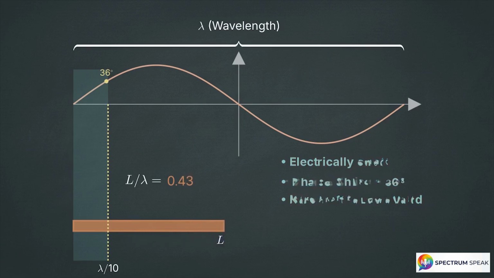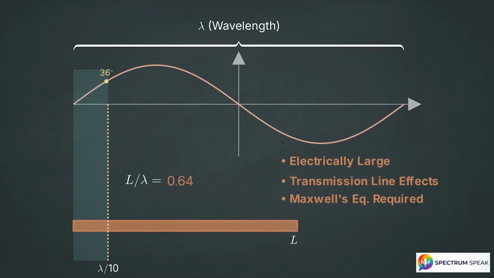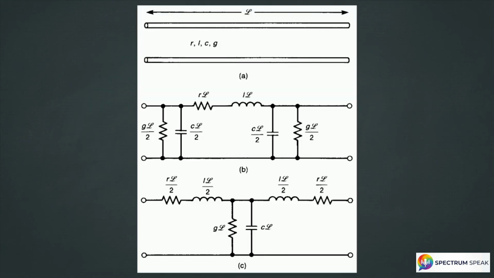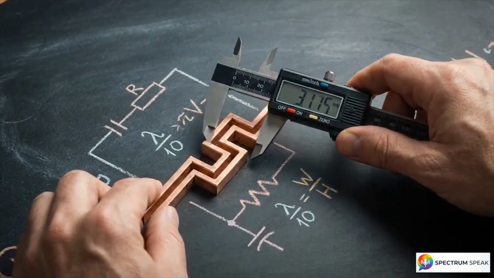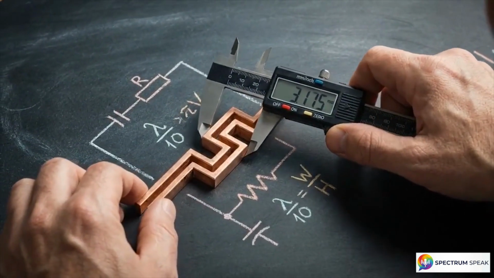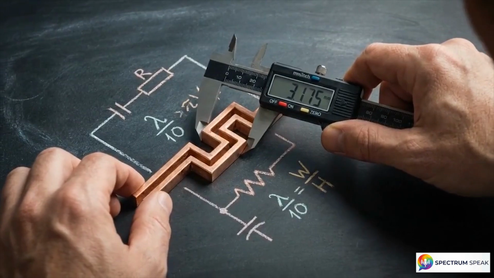Exceeding lambda over 10 crosses into transmission line physics, governed by Maxwell's equations. This diagram shows the result of crossing that boundary. The ideal wire breaks down, transitioning into distributed lumped pi and lumped T equivalent circuits, which introduce parasitic resistance, inductance, and capacitance. The lambda over 10 rule is the definitive test. It dictates exactly when you can trust your schematic and when you must design for transmission line effects.